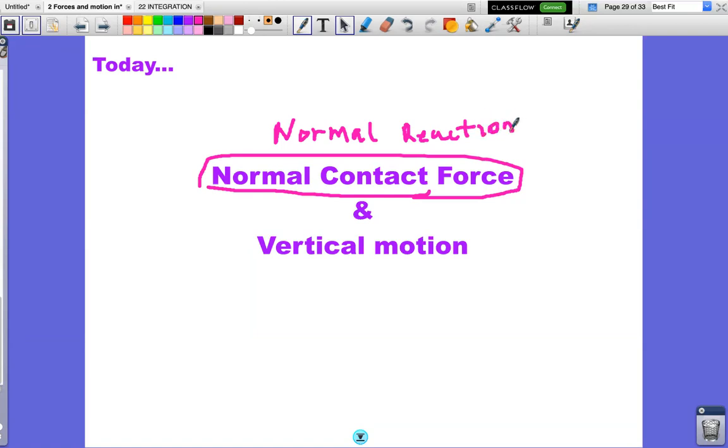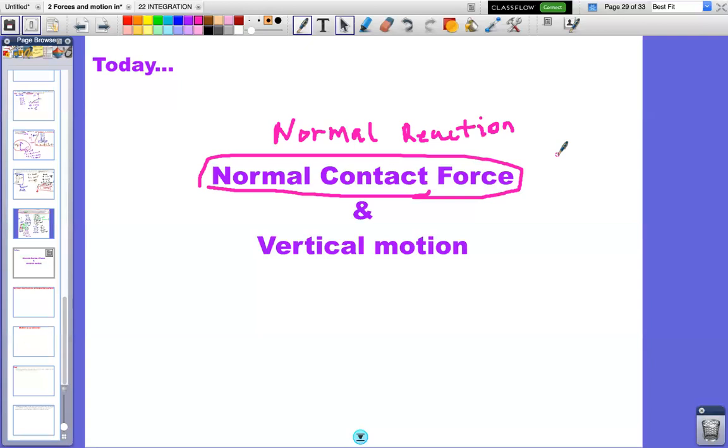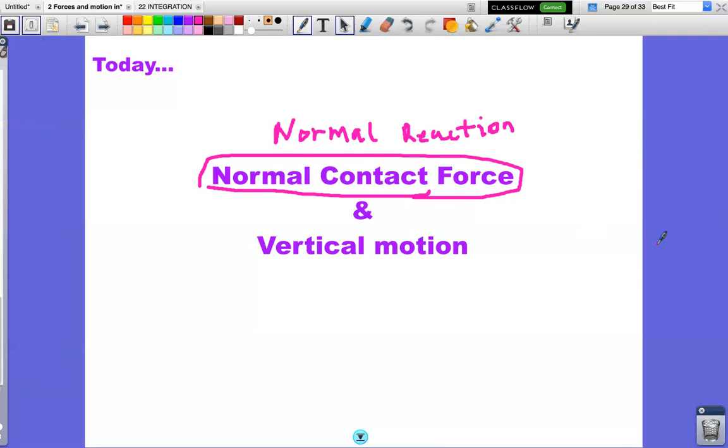We didn't study Newton's third law yet. We are going to study it in a chapter later, but I have introduced Newton's third law to you guys. The normal contact force, or the normal reaction, is a reaction force.